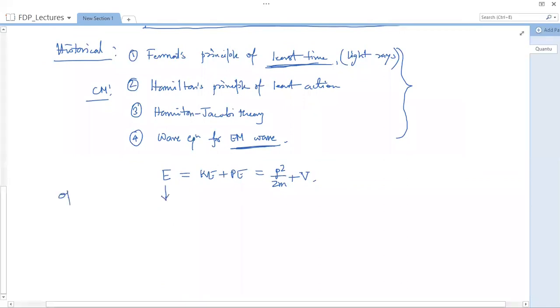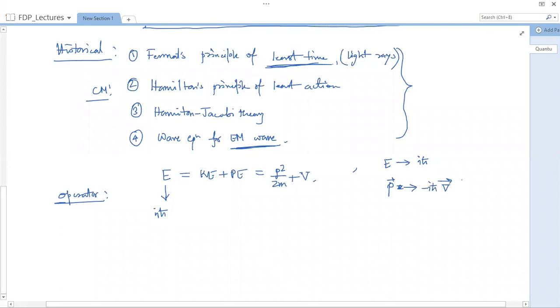So we can replace everything by some operator, like i h bar, and so the operator for energy will be i h bar d/dt, and the operator for momentum will be equal to the gradient of position.